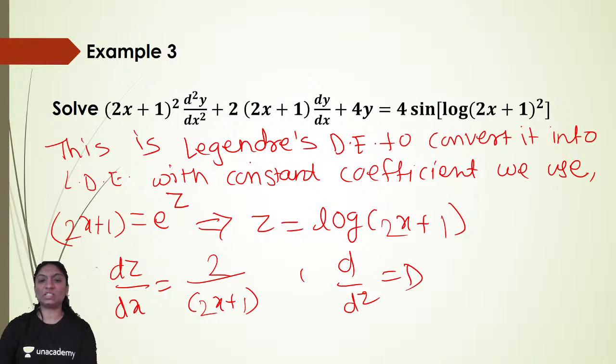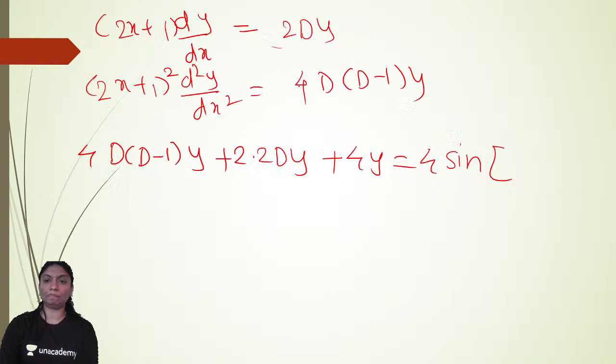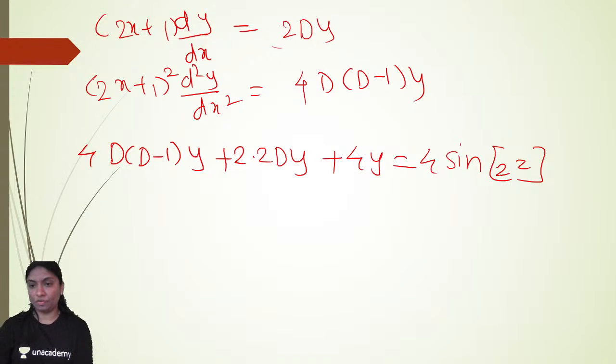Now log of 2x plus 1 is z, so can I write this as 2 into log of 2x plus 1? So your expression becomes sine 2z. Now this is the simplest way. 4 sine 2z. I hope you are clear.